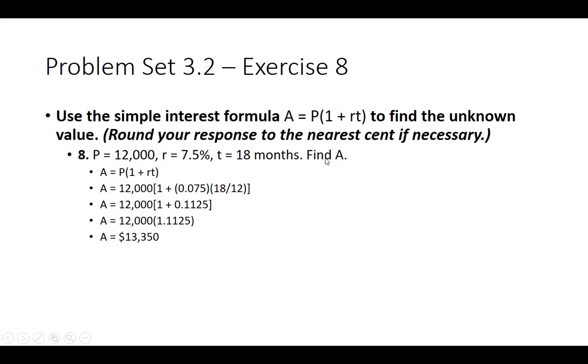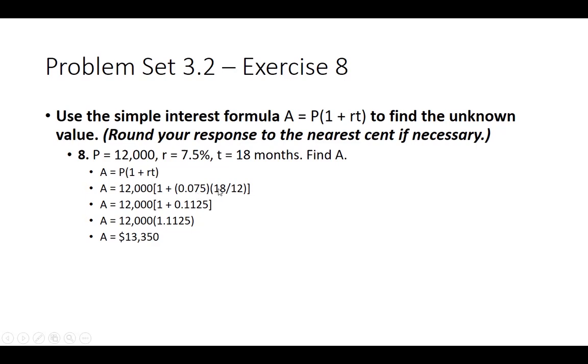Number 8. We're back to finding A, but this time, T is given in months again. 18 months in years would be 18/12 years. Divide by 12 because there's 12 months in a year. Plugging in what we know for P, R, and T, making sure that we convert the 7.5% to a decimal, 0.075.